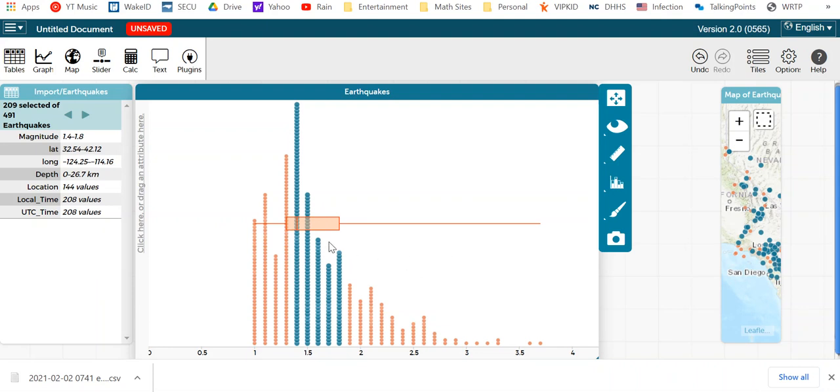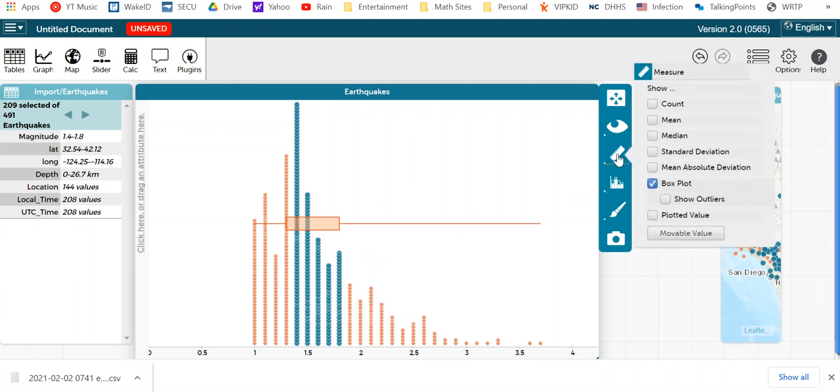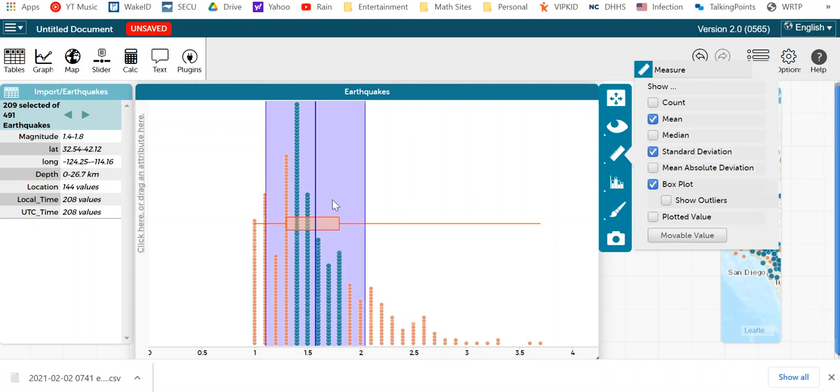So, most of your earthquakes, and it might be even more suggestible to look at median and standard deviation, and leave out the box plot for a minute, because that seems to cover more of this. When you talk about what is outside of your one standard deviation, plus or minus one deviation, this really represents the middle.